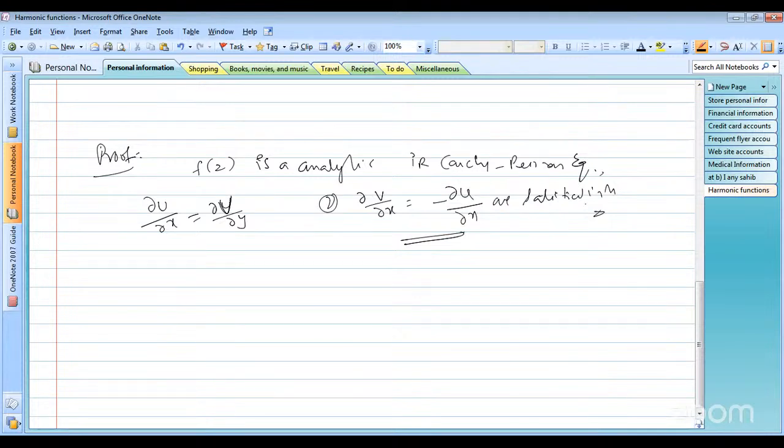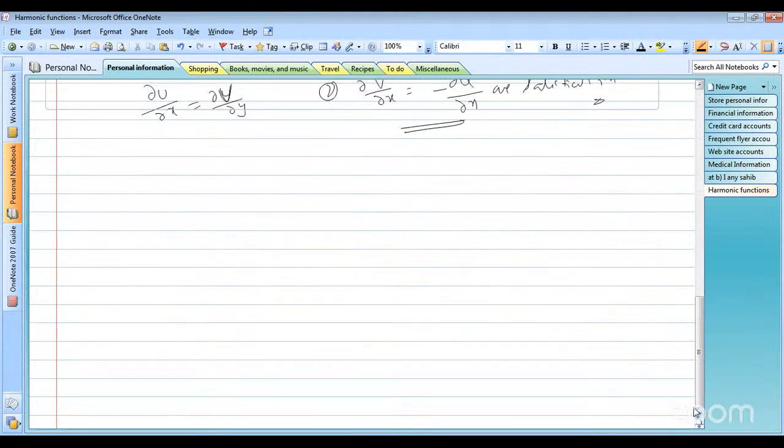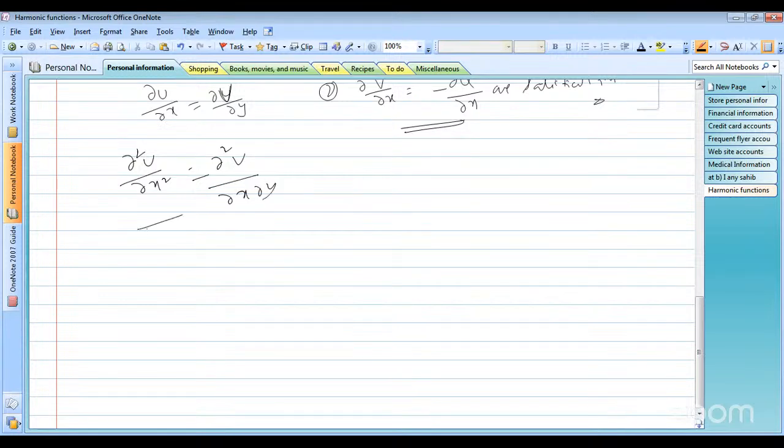So ∂²u/∂x² = ∂²v/∂x∂y, because it is with respect to x, therefore ∂x∂y. In the second one, ∂²v/∂y∂x, differentiating with respect to y, we get -∂²u/∂y². So ∂²v/∂y∂x is common here.